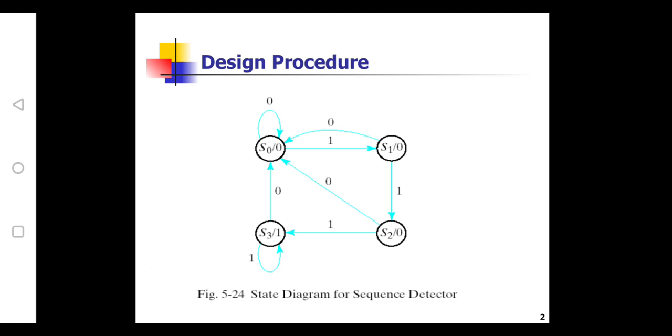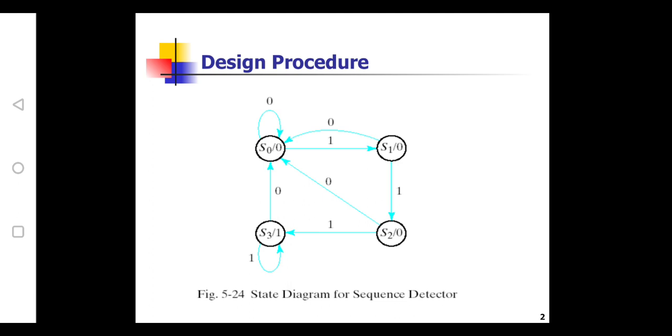Now, if the present state is S0 and we apply an external input of 0, it goes to the next state which is S0 itself, with output equal to 0. If the input is 1, it goes to the S1 state.